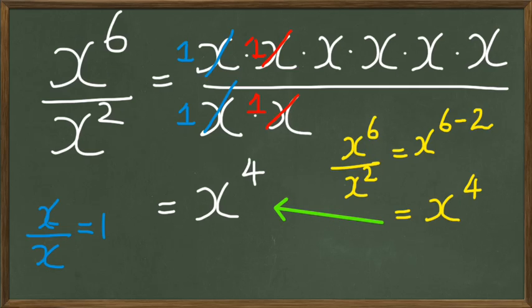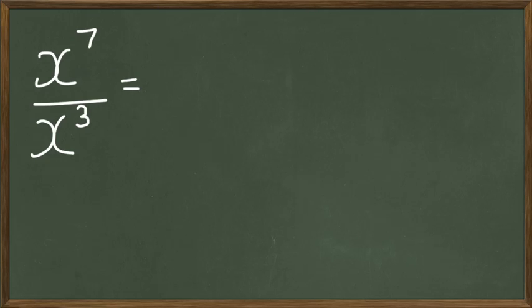So instead of expanding it out into big, large fractions, we can simplify it just using our basic division index rule, which is just subtract the powers. Okay, let's do a couple more examples. If you have something like x to the power of 7 divided by x to the power of 3, then this is simply x to the power of 7 minus 3, which equals x to the power of 4.